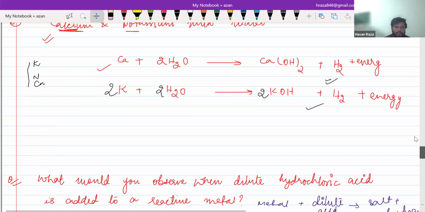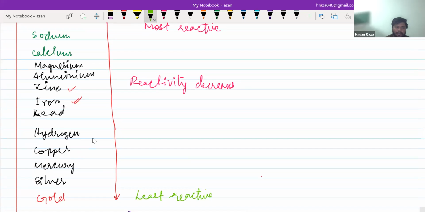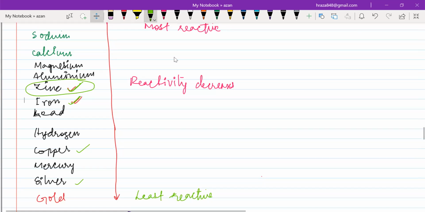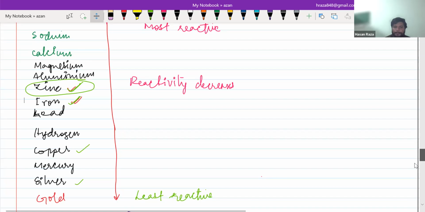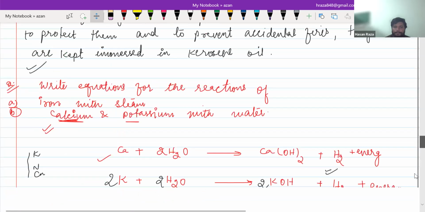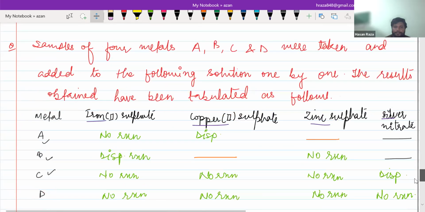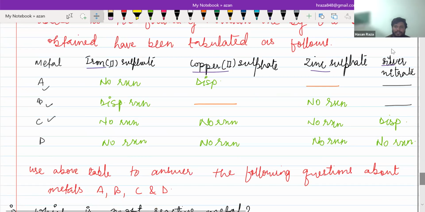How can you say that? Copper is here, and zinc is here, iron is here, and another silver. Zinc is most reactive, no? Yes. And after zinc, it's iron. So you can see that there is no experiment here in zinc and silver.